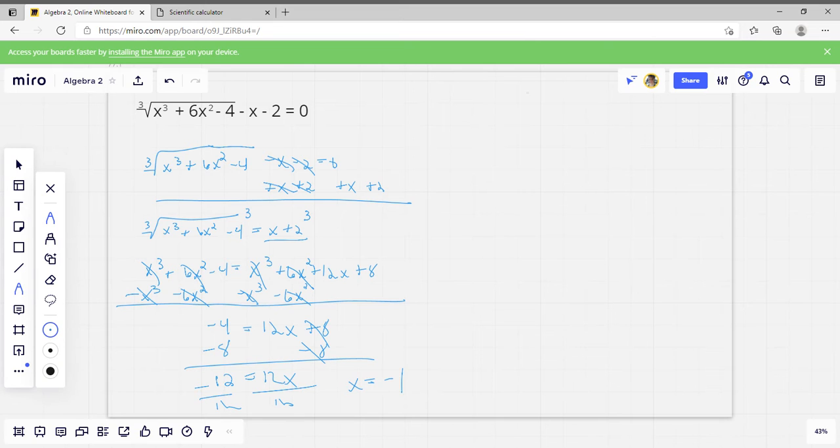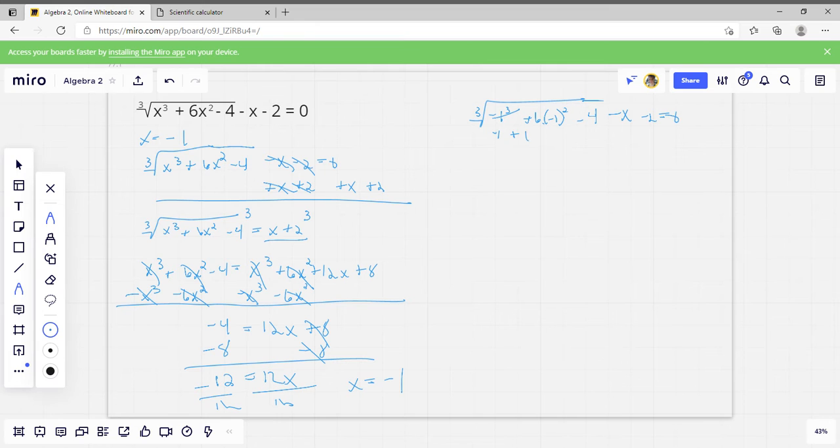So, if x equals negative 1, we're going to say the third root of negative 1 to the third plus 6 times negative 1 squared minus 4, minus x minus 2 equals 0. All right, negative 1 to the third would be negative 1. Negative 1 squared would be positive 1.